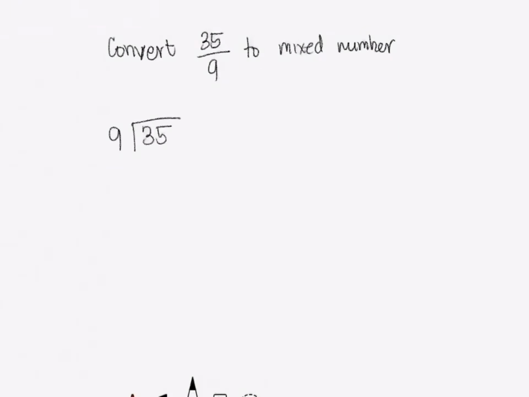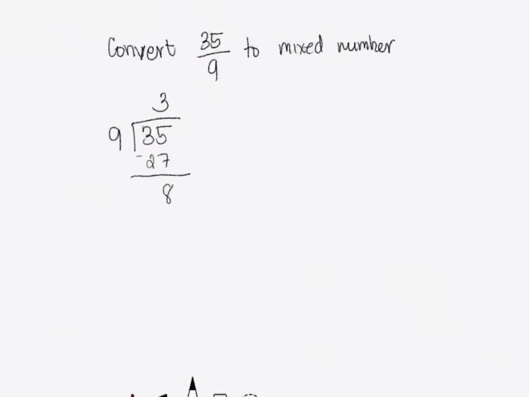So, divide natin yung 35 sa 9. And then we have 35 divided by 9 is 3. So, we have 3 times 9 is 27. 35 minus 27 is 8. So, therefore, we have the answer of 3, remainder 8.